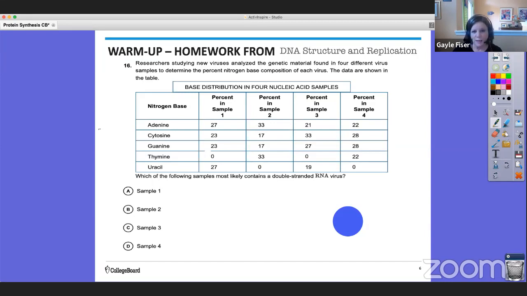We have samples 1, 2, 3, 4, and then we have nitrogen-based adenine, cytosine, guanine, thymine, and uracil. And the question is, which of the following samples most likely contains a double-stranded RNA virus? Okay, so I'll give you just a moment if you're joining us for the first time. And if you did your homework last night, just sit tight and we'll go over the answer in just a moment. I'll get my clock going in the meantime.